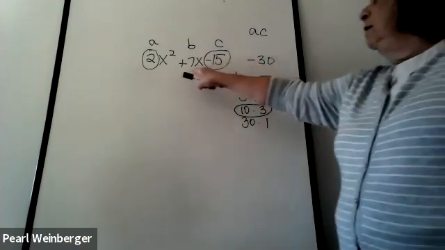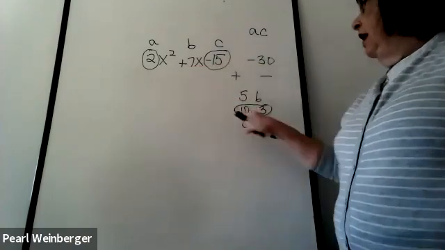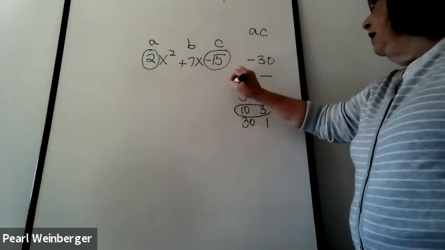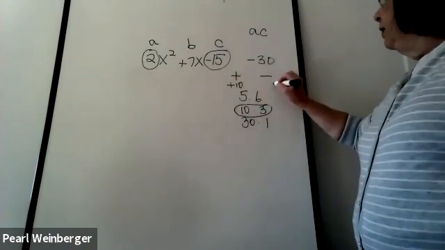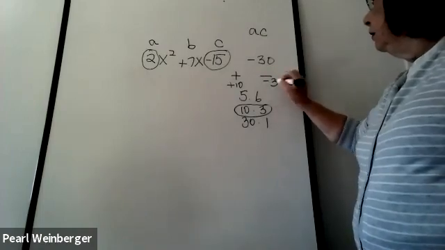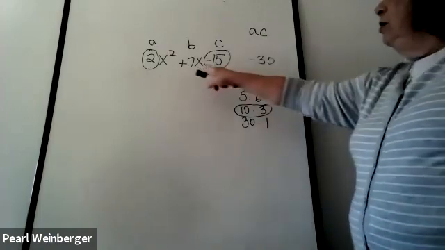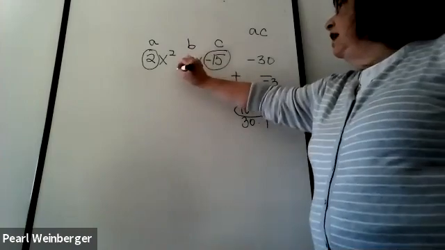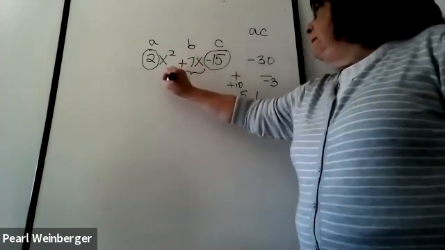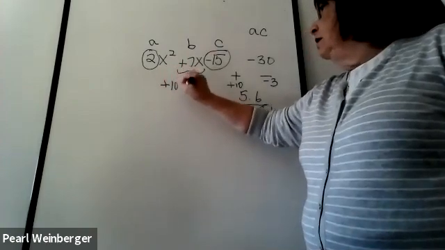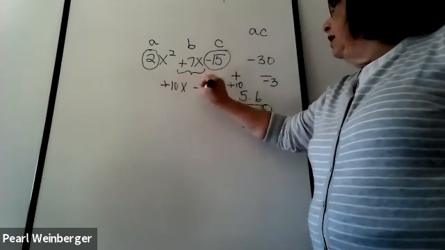And since this is a positive 7, it's going to be a positive 10 and a negative 3. In other words, I'm going to take this 7x and rewrite it as positive 10x and minus 3x.